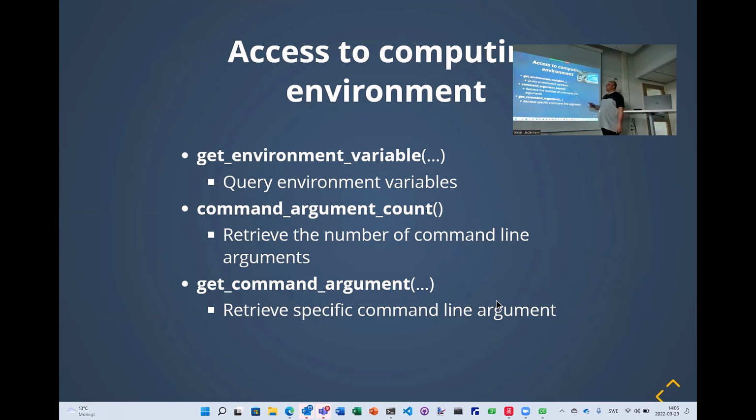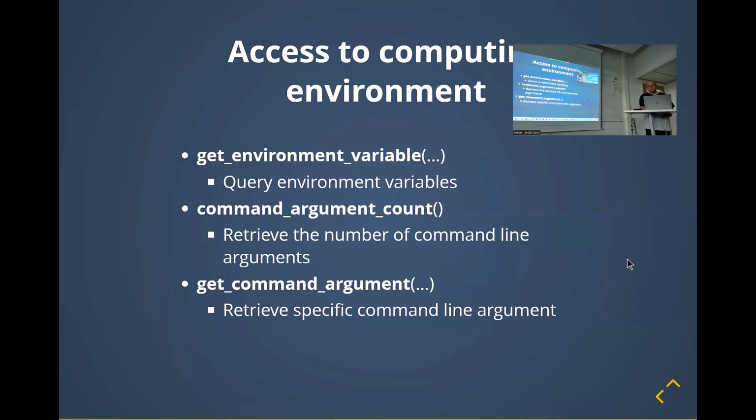So they added a function called get environment variable to access environment variables. You can also access the command line arguments using command argument count, and you can get command arguments as well. This has not been possible before. There have been extensions for different compilers that implemented this, but it has not been part of the standard. So now this is part of the standard, which enables you to create more efficient programs that interact with the environment in better ways.